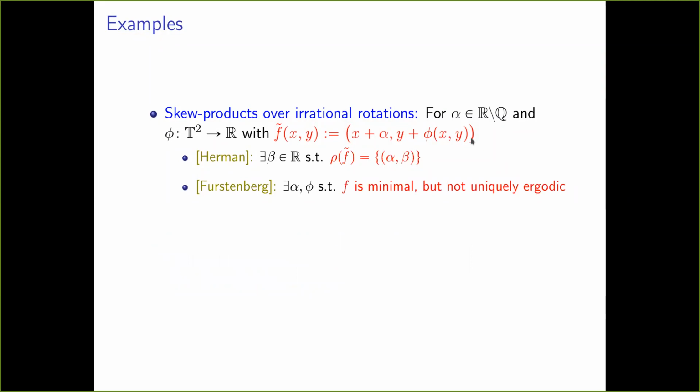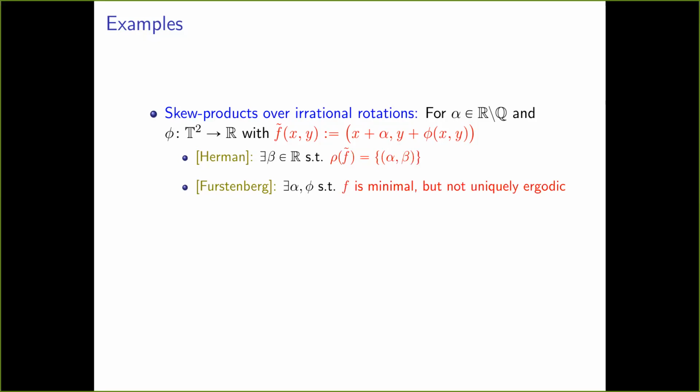So it's a skew product where you have a rotation on each vertical fiber. Again, this is a new phenomenon. You have minimality, but you don't have unique ergodicity in the case of the two torus. And again here you have just a point as the rotation set.